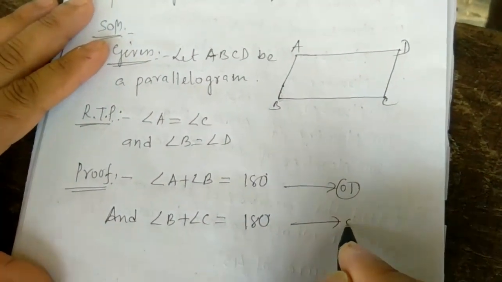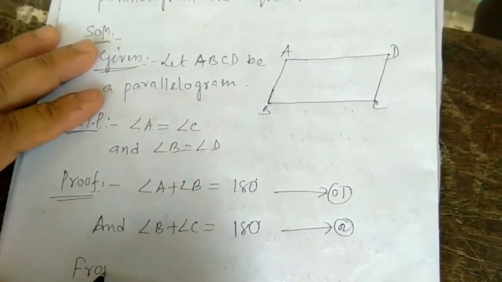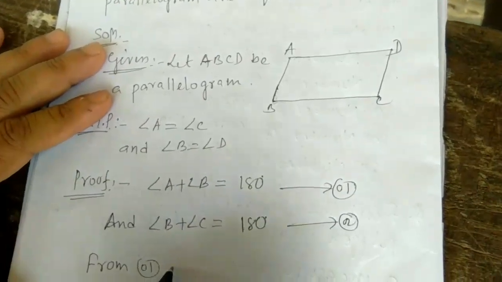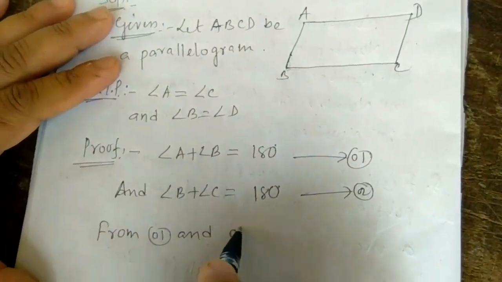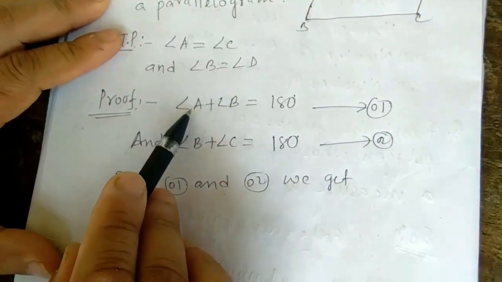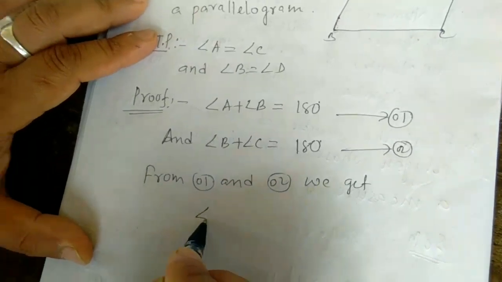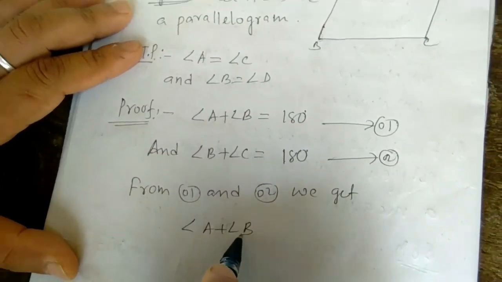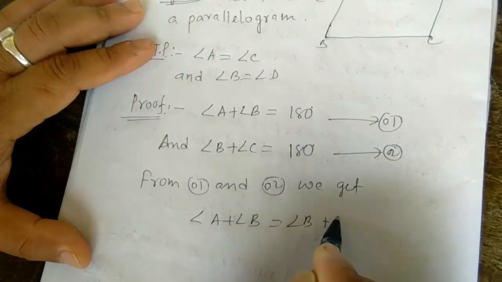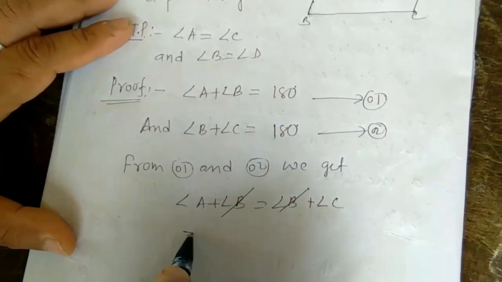Okay, number 2. So from 1 and 2, what are we getting? Both are equal to 180 degrees. So we can write angle A plus angle B equals angle B plus angle C. Angle B from both sides we can cancel.